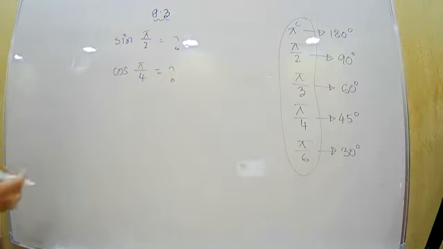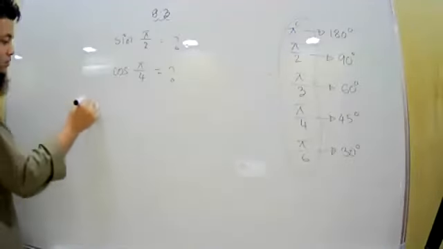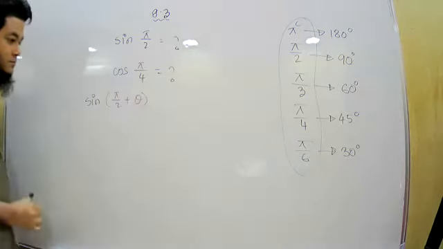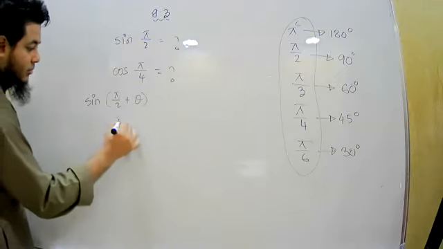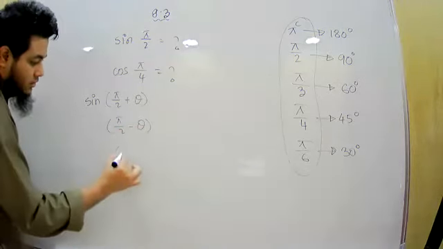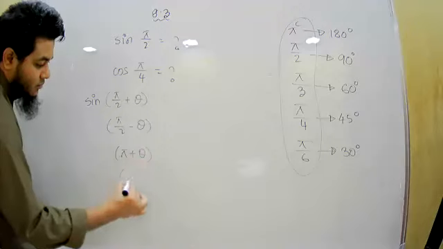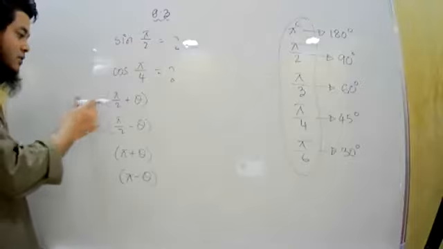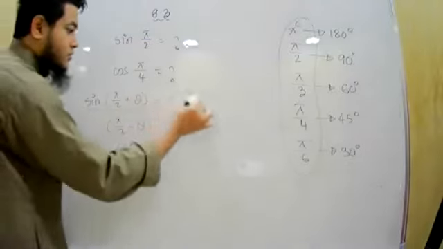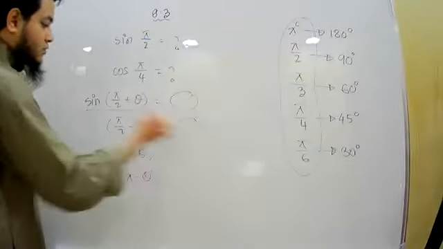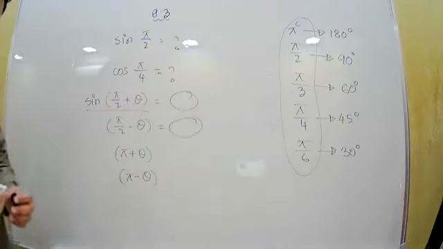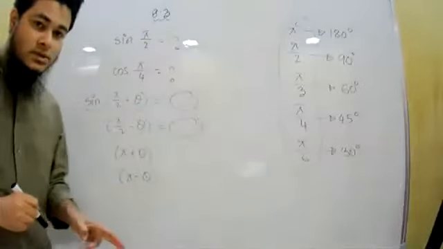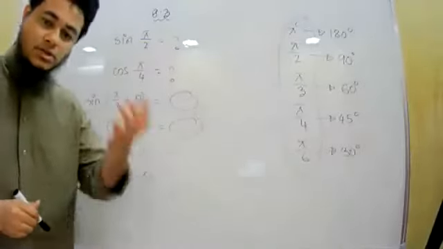But now we will be trying to find out the value of sine pi by 2 plus theta, or it might be pi by 2 minus theta, or pi plus theta or pi minus theta. Similarly we will see what the answer will be for each of these. So now we are going to add an extra theta with it, and after adding, we will see what we get.